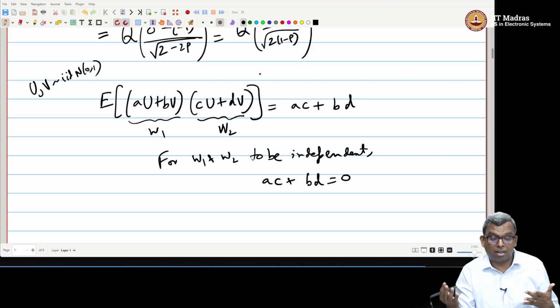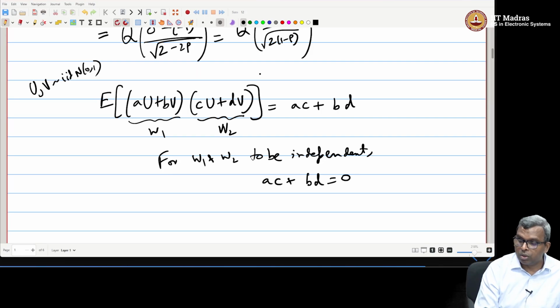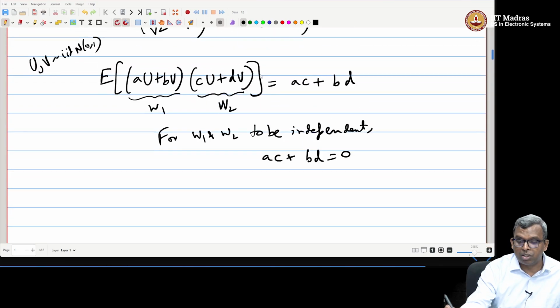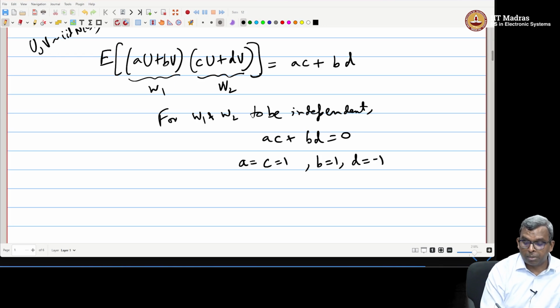Now this is so easy to do in so many different ways. You can do some very simple choices, but you can also do many other interesting choices. For instance, you could pick A equals C equals 1 and then B equals 1 and D equals minus 1. If you do this, it goes to 0. What it means is U plus V and U minus V are independent.